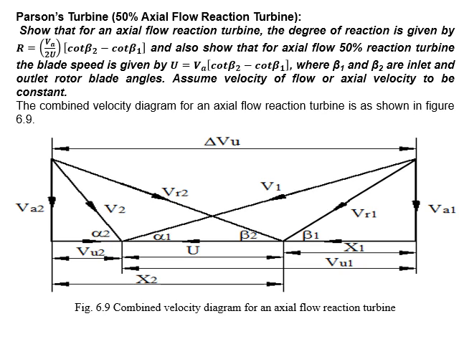That means the distance x1 equals VR1 cos beta 1. And one more relation is V_U1. If you take the alpha 1 angle, cos alpha 1 equals V_U1 by V1. So that means V_U1 equals V1 cos alpha 1.